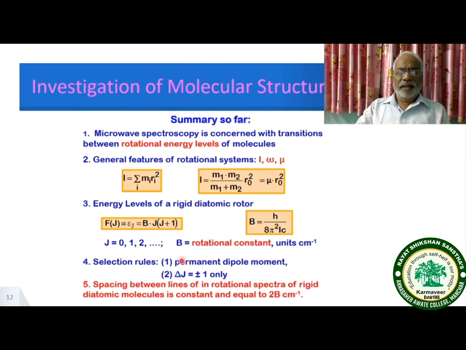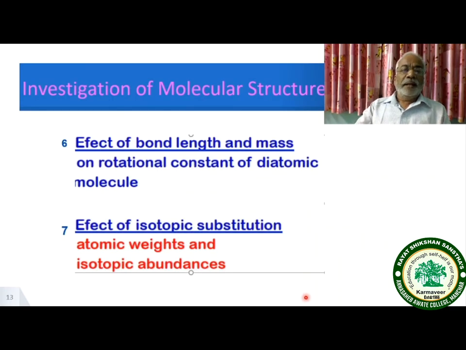Then the selection rule, and the spacing between the rotational lines in the rotational spectra, which is constant and equal to 2B. Also, we can evaluate the effect of bond length and mass by using the rotational constant value. And we have also considered the effect of isotopic substitution, which gives us the understanding of atomic masses or atomic weights, as well as isotopic abundances present in nature.